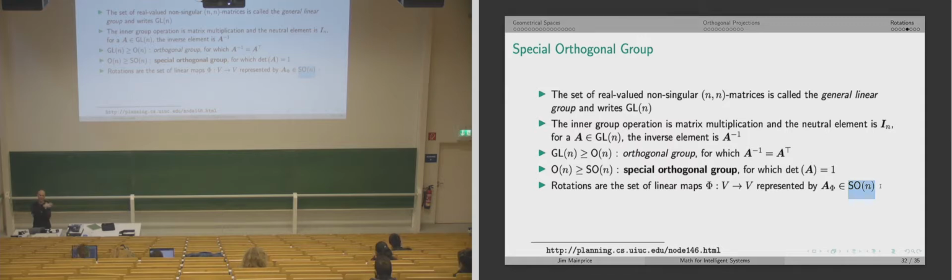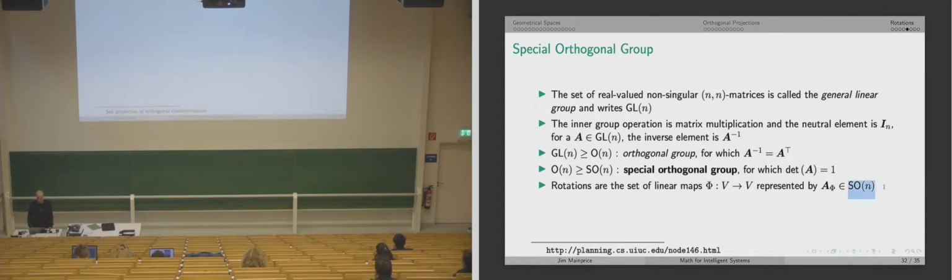You can smoothly interpolate between rotations, and that's exactly the definition of a manifold. That's a Lie group: basically a group that is differentiable. So we might talk about SO3 in more detail, how to represent all the different things, and then talk about the differentiable structure that you can put on top of SO3.